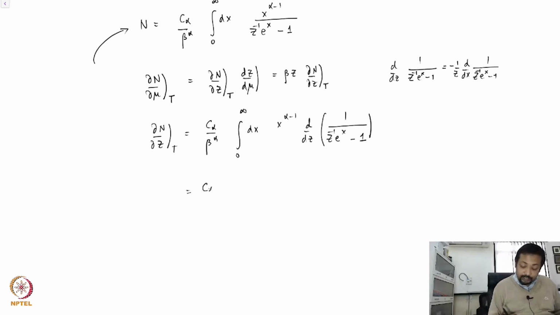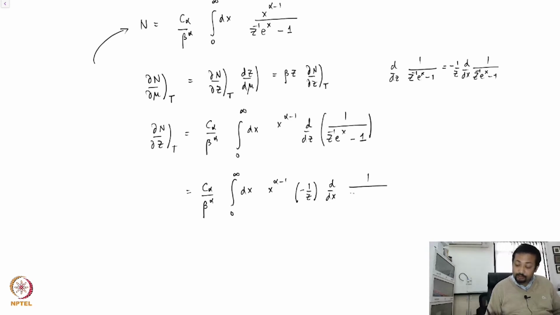So that I have C_α / β^α ∫ from 0 to infinity dx x^(α-1) times minus 1 over z d/dx of 1 over (z⁻¹ e^x - 1).